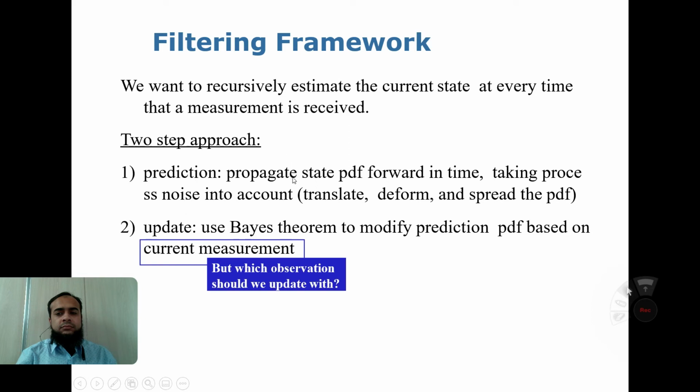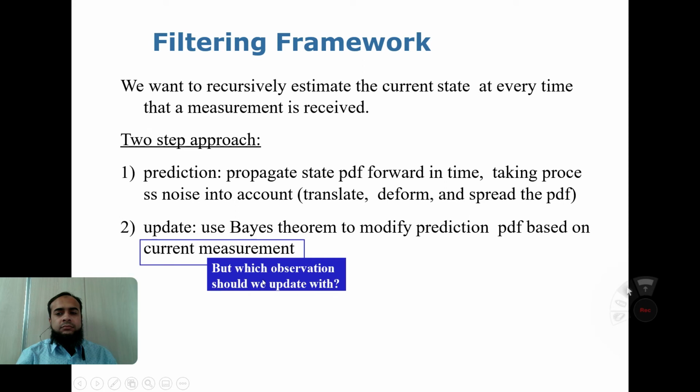Prediction: propagate the state PDF forward in time, taking process noise into account, translate, deform, and spread the PDF. Update: use Bayes theorem or the Kalman filter to modify the prediction PDF, PDF means probability density function, based on the current measurement. So here, which measurements should we update with?